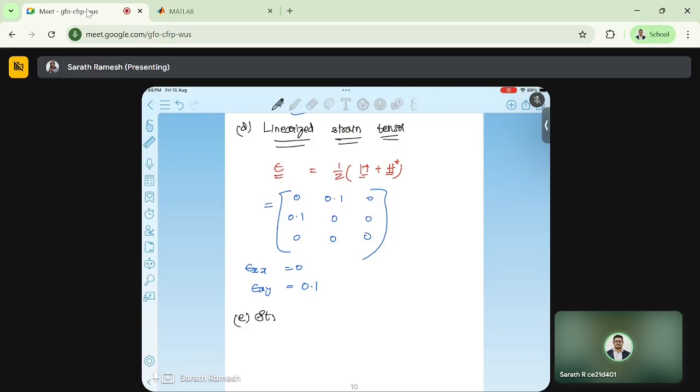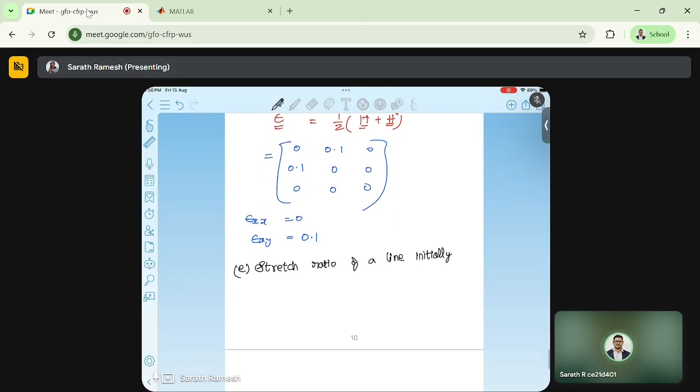So we have to find the stretch ratio of a line initially oriented along the EY direction of length 1 mm, located at some point, say 0.5, 0.5, 0.5 in the reference configuration.